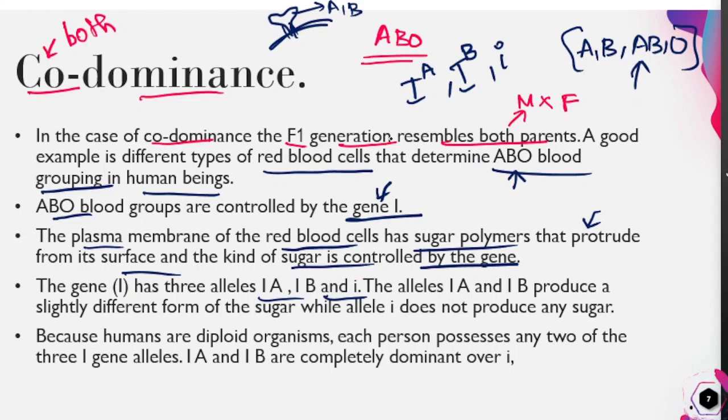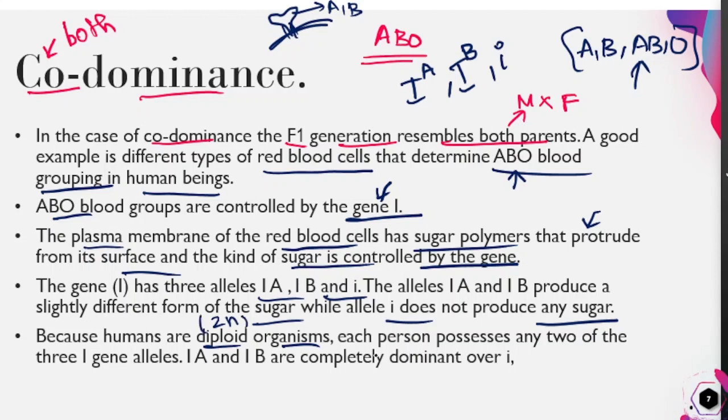The alleles I^A and I^B produce a slightly different form of sugar, while allele i does not produce any sugar. So alleles I^A and I^B are dominant characters, so they produce sugar. i is not producing any sugar because it is a recessive character. Because humans are diploid. Diploid means 2n, right?